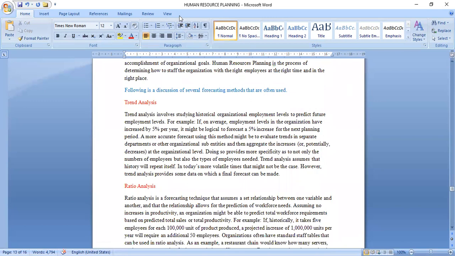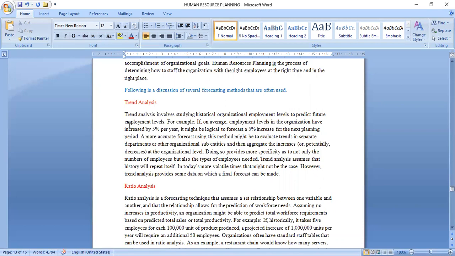With the trend analysis, basically here we are using historical data. We use historical data to predict the future. The trend analysis believes that history repeats itself.